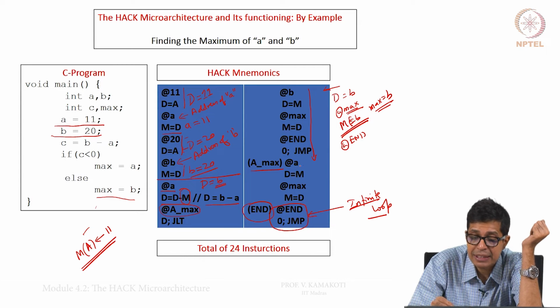So this A max, the same thing: at A, D equal to M. So D gets the value of A, because at A loads the address of A to the capital A register.